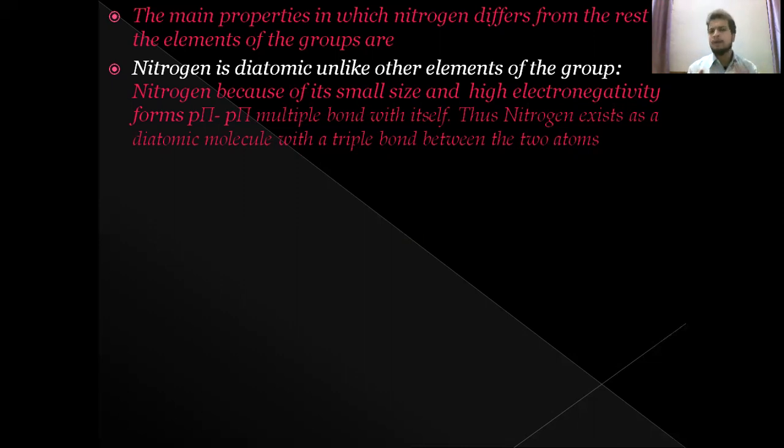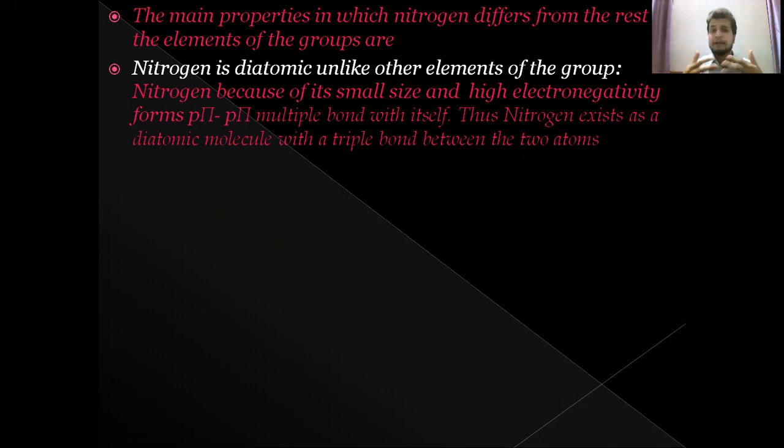But why not the rest of the elements? They also have a similar configuration. The rest of the elements are big in size. So even if they come close and form the first single bond, since their size is big, when the unpaired p electrons try to overlap in the rest of the p orbitals, they will not be able to, because of the big size of these elements.